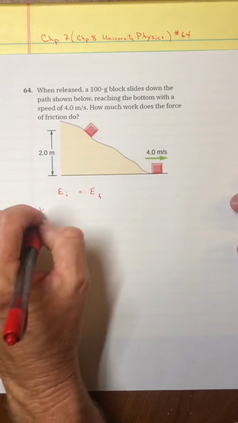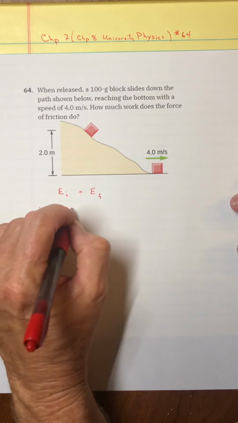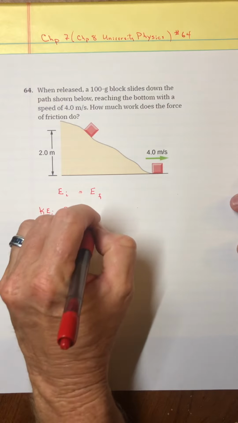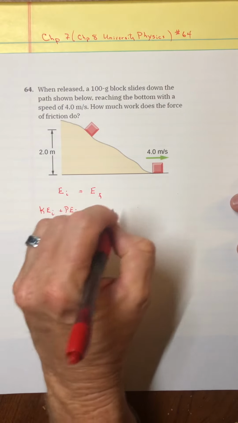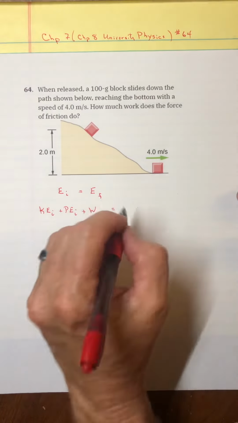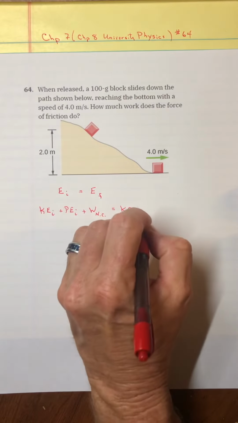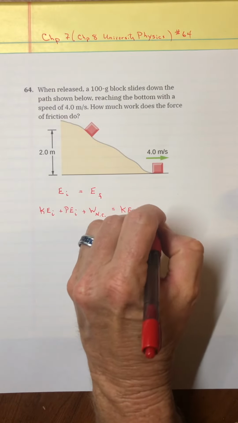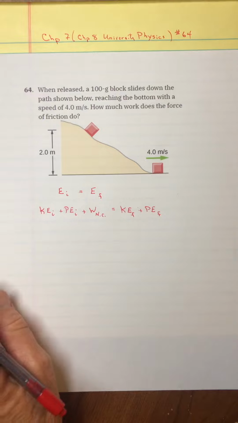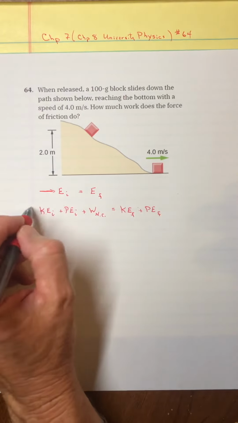For example, we have the initial kinetic energy, we have the initial potential energy, we have what we call the work done by a non-conservative force. That has to equal the kinetic energy final at the bottom. It also has to equal the potential energy final at the bottom.